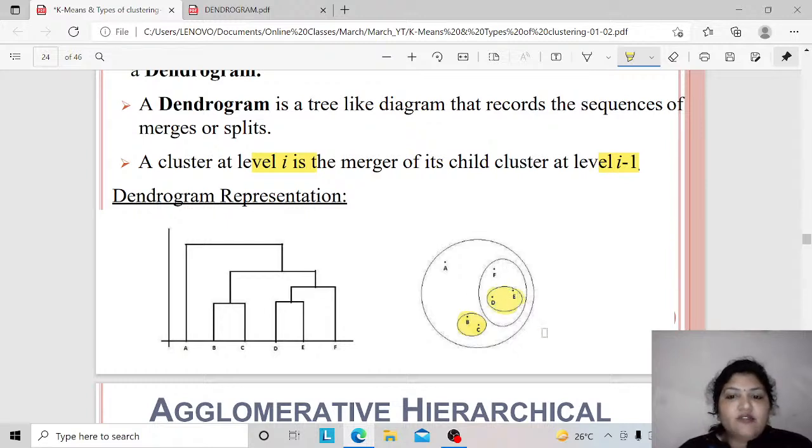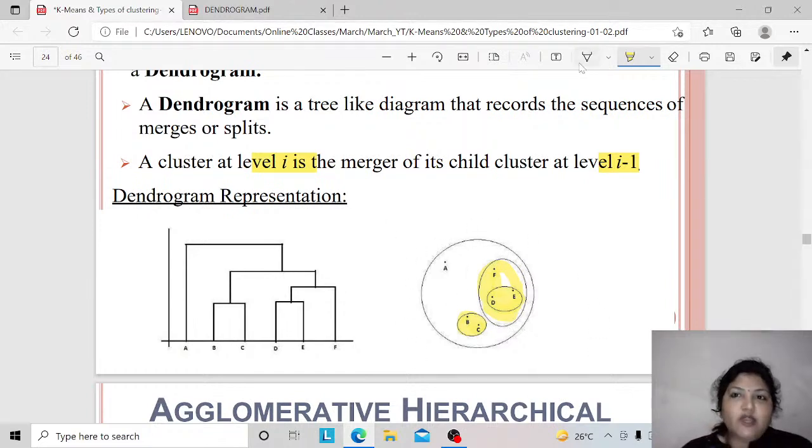And then we have the F part. F is nearer to this, or BC is nearer to this part, so we make one cluster. Once we have made all the clusters, A is neither nearer to the BC group nor the F group. It has the same distance, so we make a single cluster out of it.